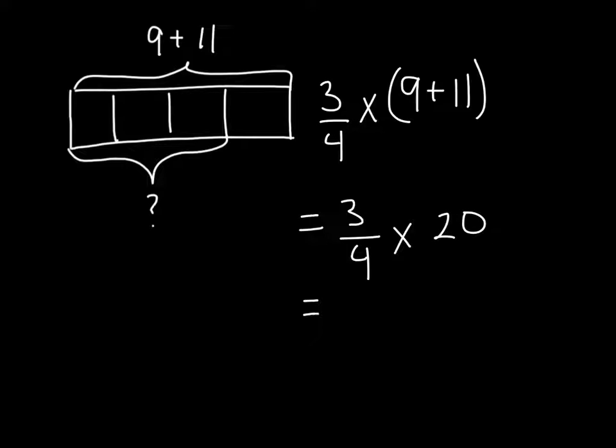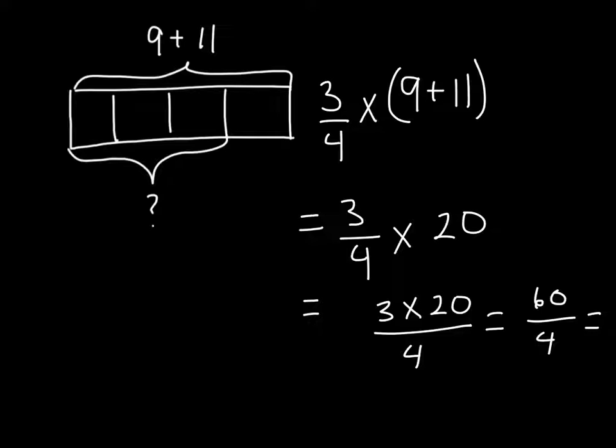And then I'm going to do the multiplication of the numerator by the whole number and show that I'm going to divide that by 4 when I'm finished by using 4 as my denominator. And 3 times 20 is 60. So my fraction is going to be 60 over 4. And of course, 4 will go into 60 15 times.